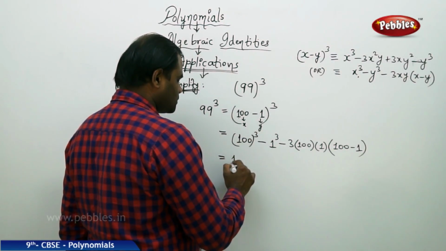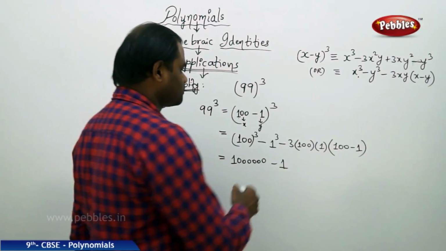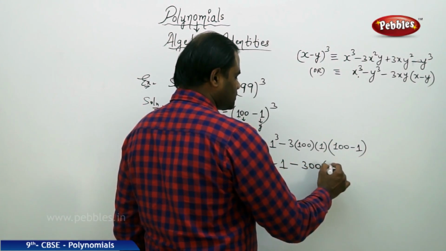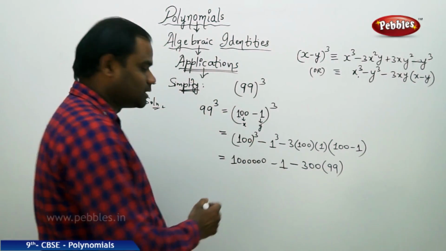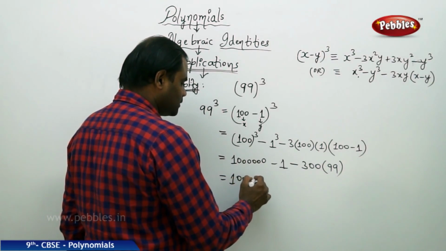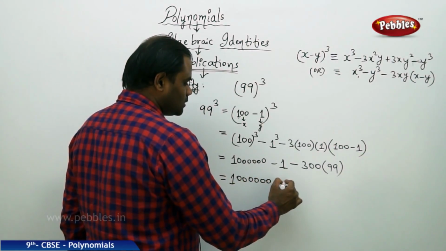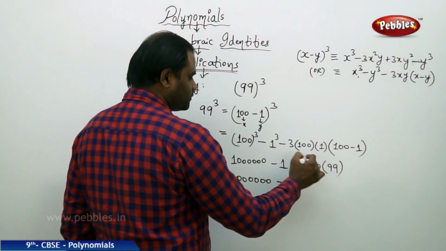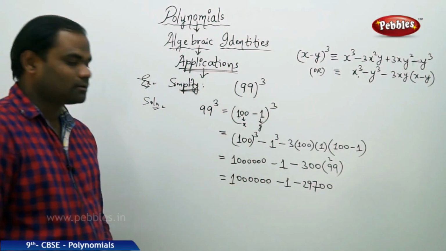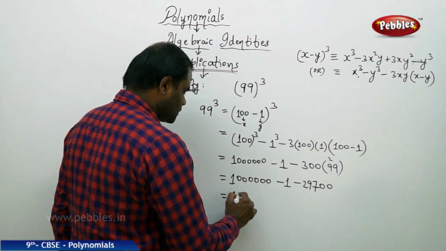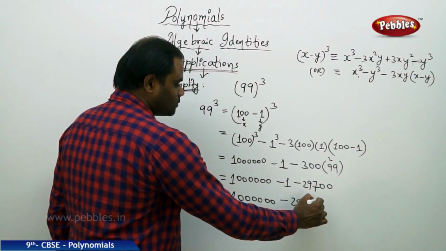The 100 cube is 10 lakhs, minus 1 cube is 1, minus 300 times 99 is what we get, which on further simplification gives us 10 lakhs minus 1 minus 29700, which further simplifies to give minus 29701.